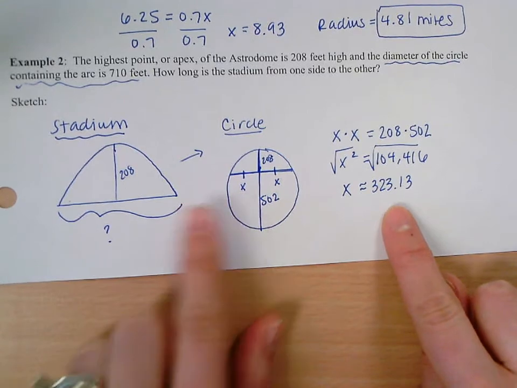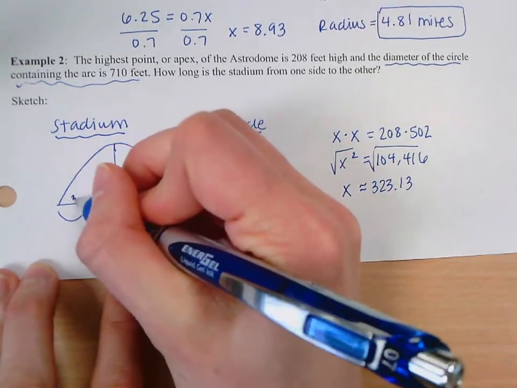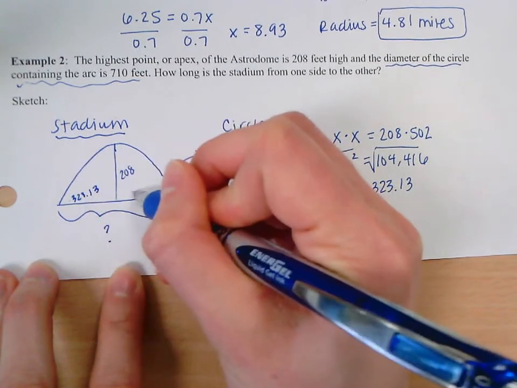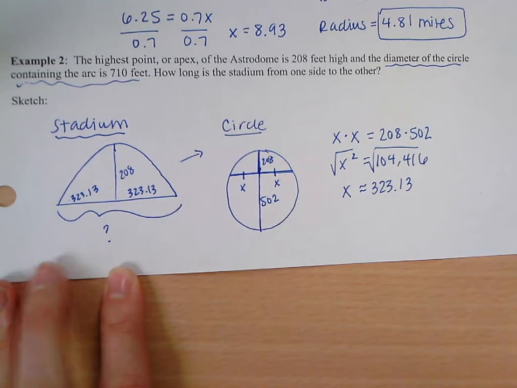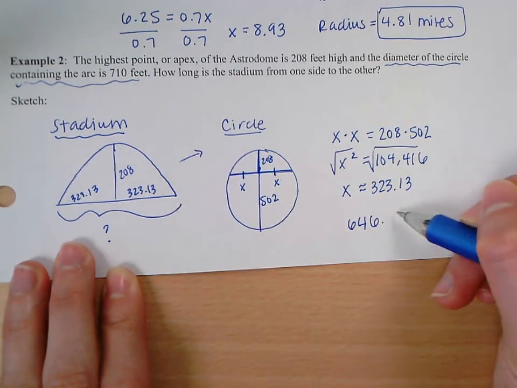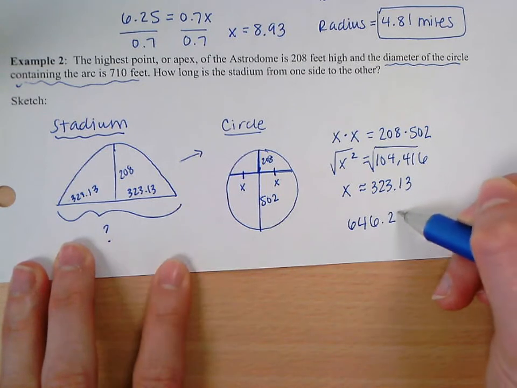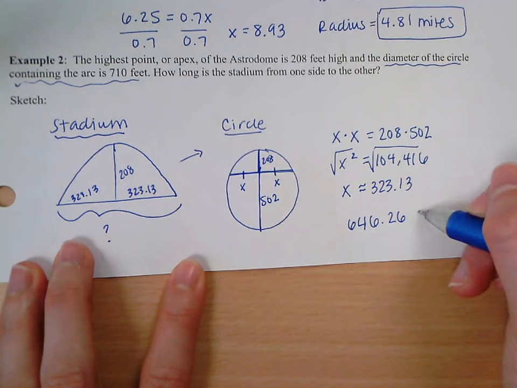So to find the full length that I was looking for, I want to double that. So this is 323.13, and so is this. So I have to double that to get the full length. So it's approximately 646.26. And that is measured in feet.